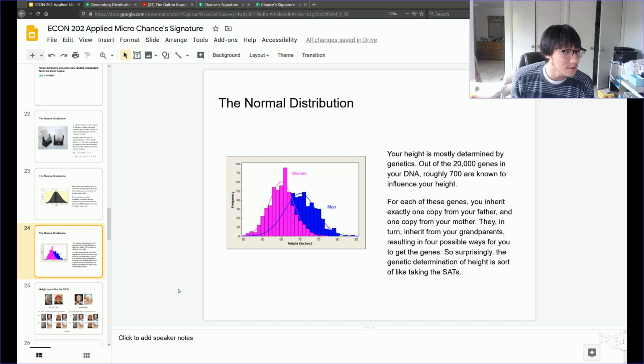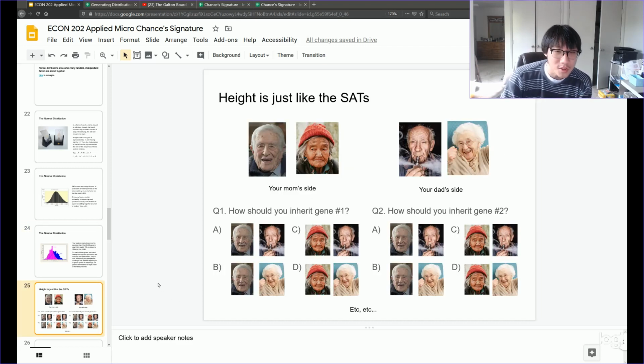And they, in turn, each inherited their height genes from either their mother or their father, your paternal and maternal grandparents. So in this way, your height is determined in a way not so different from answering a bunch of questions on the SAT, right? So what I mean to say is, here I have, let's say that these are your four grandparents. You see, for any given gene that you have, you could have inherited it four different ways.